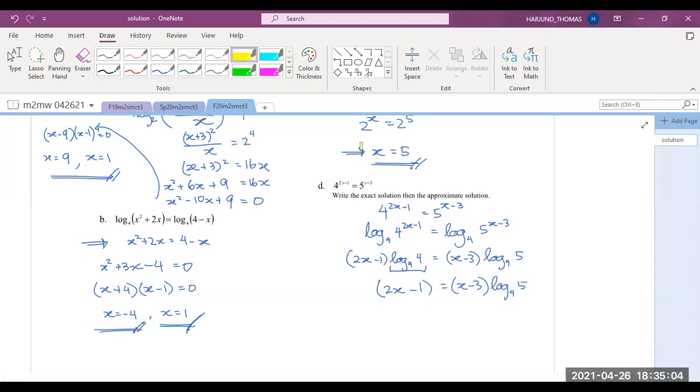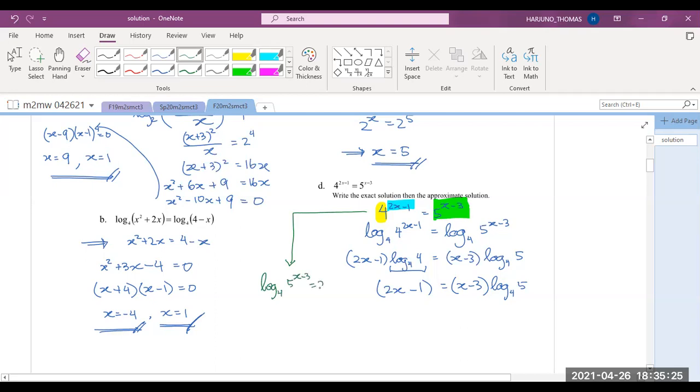Actually, if you think about it, you can do it faster by seeing this as 4 to this power equals this. And if you change that into log form, that will be log base 4 of 5 to the x minus 3 equals 2x minus 1. And this will be the next step.